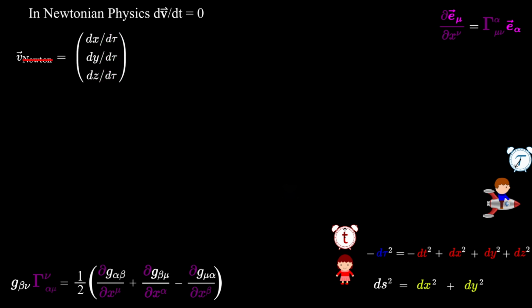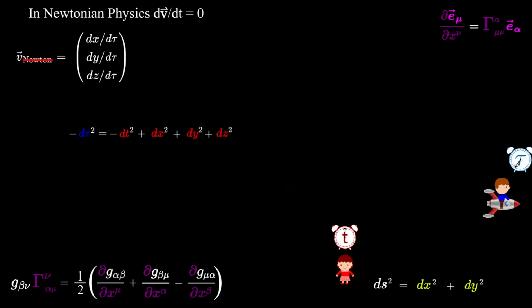In that case, v can have three components, dx by d tau, dy by d tau, and dz by d tau. Different observers will disagree on dx, dy, and dz as before, but all will agree on the object's proper time d tau, just as before in Newtonian physics.